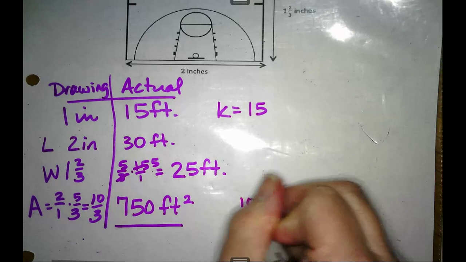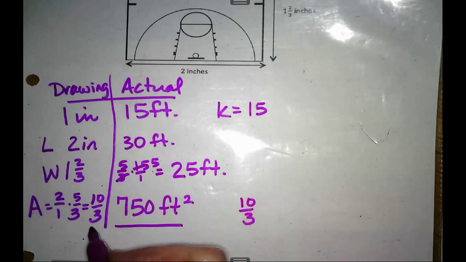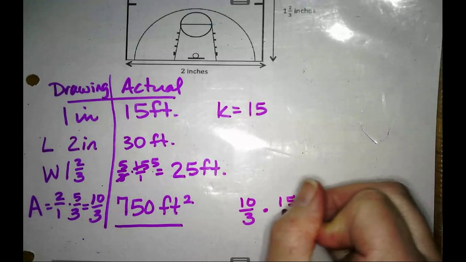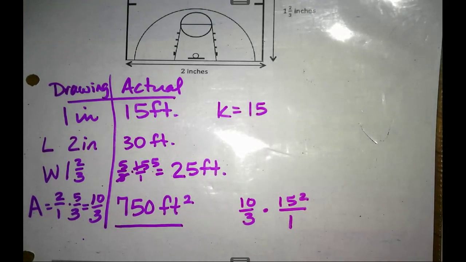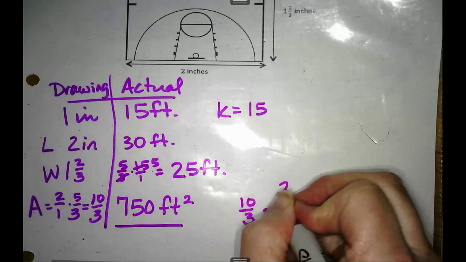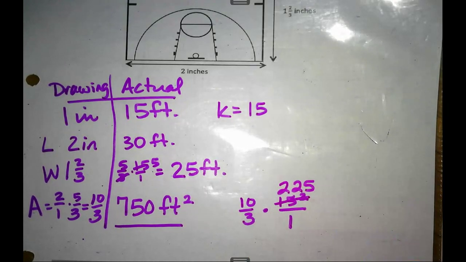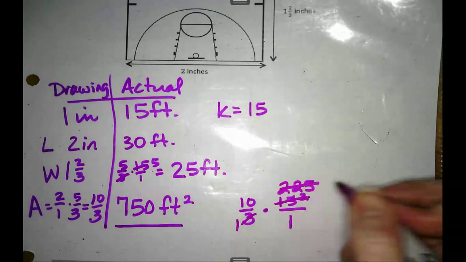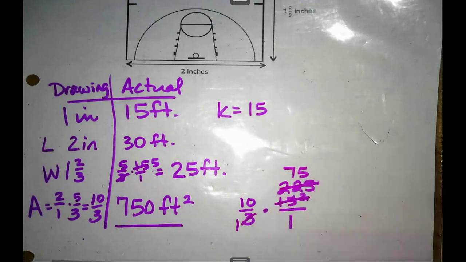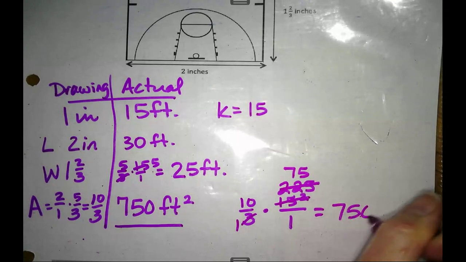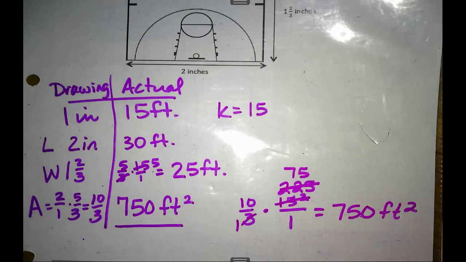So I could start with 10/3, my area for my drawing, and I could multiply by 15 squared instead of working all of these steps out. 15 squared is 15 times 15, which is 225. Then I can cross cancel, and 3 will go into 225 75 times. Then I can multiply 10 times 75 to get 750 square feet.